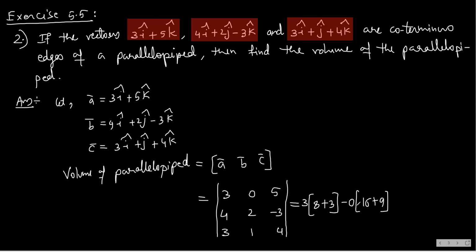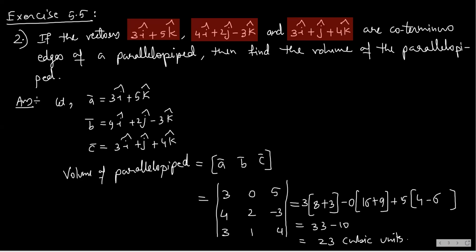Then you have plus 5 into 4 minus 6. So you got here 3 into 11, 33. This is 0, forget it. And this is 5 into minus 2, minus 10. So you got here 23 cubic units. This is the volume of the parallelepiped.